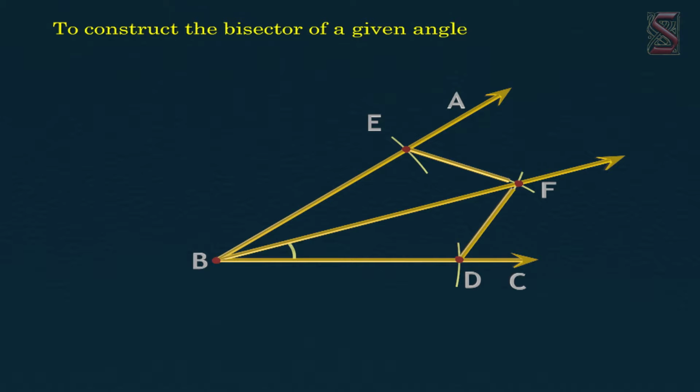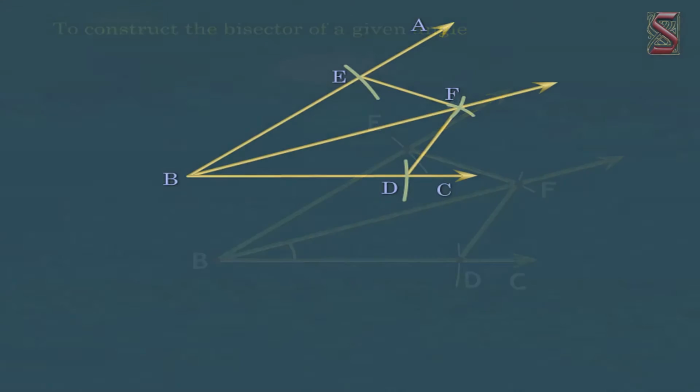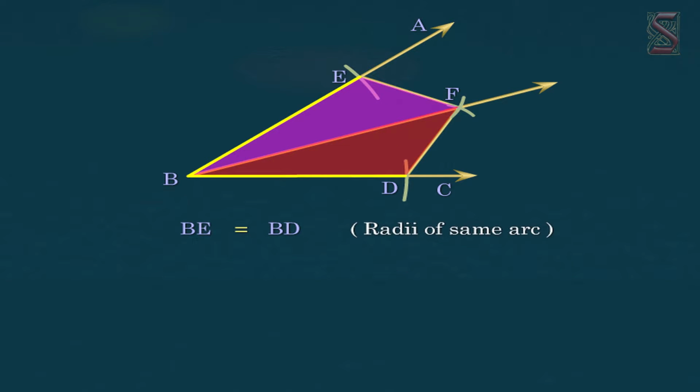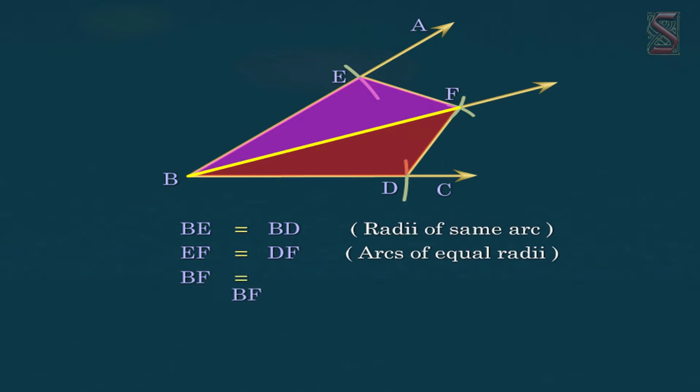Join DF and EF. Consider the triangles BEF and BDF. BE equals BD as they are the radii of the same arc. As EF and DF are arcs of equal radii, EF is equal to DF. As BF is common to both triangles, BF equals BF.